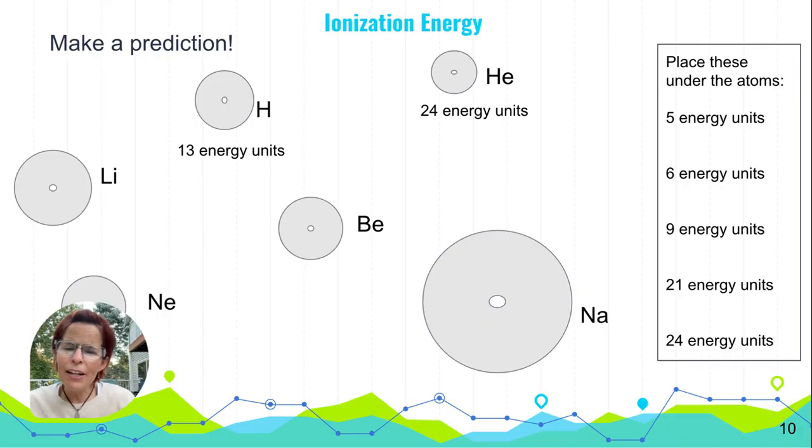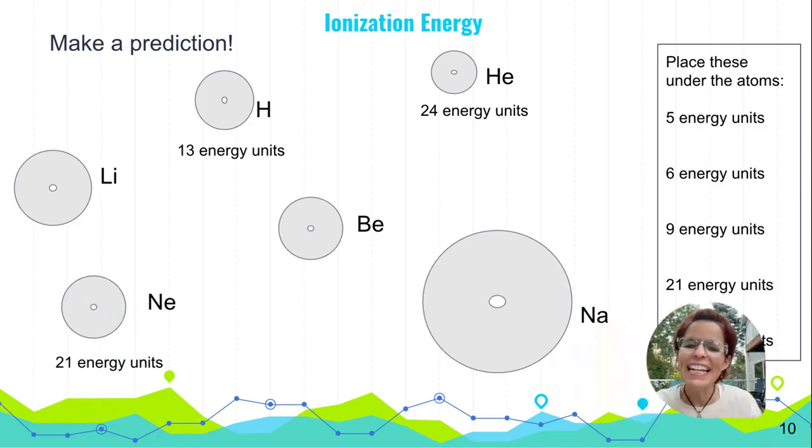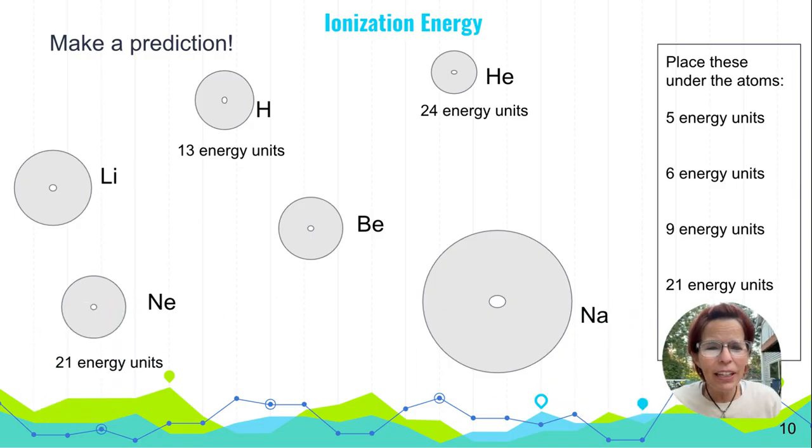You might be able to imagine that lithium, because its electron has moved out, is going to be fairly easy to remove its electron. I guess we went to neon next. Neon is a noble gas. It's very difficult to pull electrons off of neon. Let's take a look at lithium.